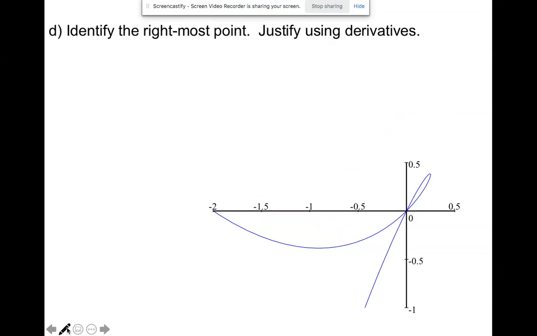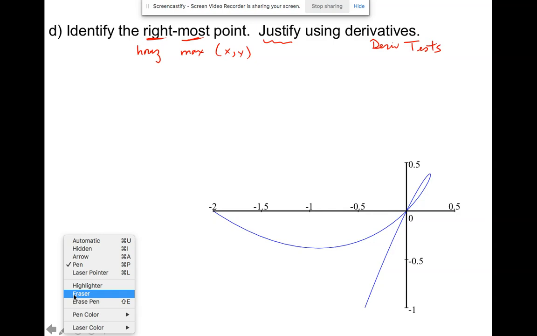All right, D. Identify the rightmost point. Right goes with horizontal. Most goes with max. Point is an X and a Y. Justify using derivative. So even though this is my calculator, I'm going to get some points for setup.